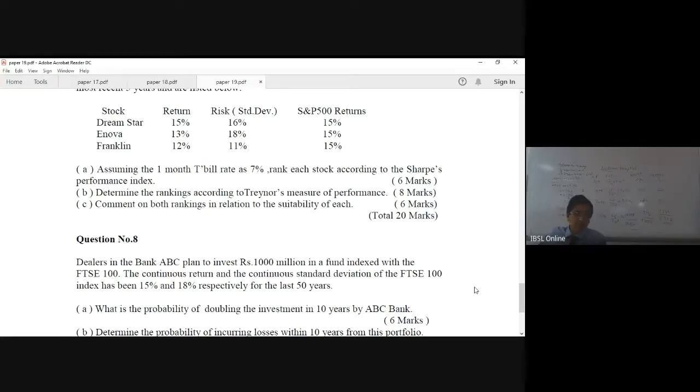Now when you deal with risky types of assets, the market stocks or whatever, then the Treynor measure would be a more realistic measure for such things. So that you can mention.